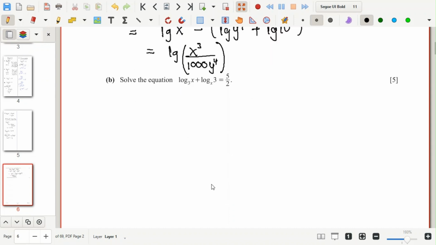Let's look at B. So B, this is one of their favorite questions. You see, the bases are different. Before you can solve this, you have to change them to the same base. So you change to base x or you change to base 3. Now this can be written as, remember what I taught you?